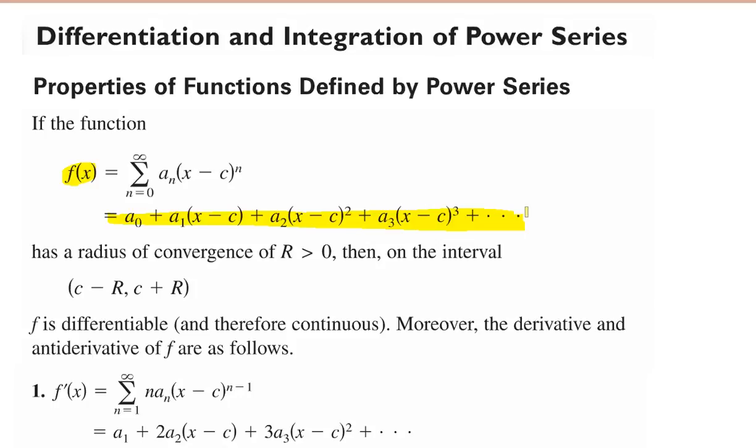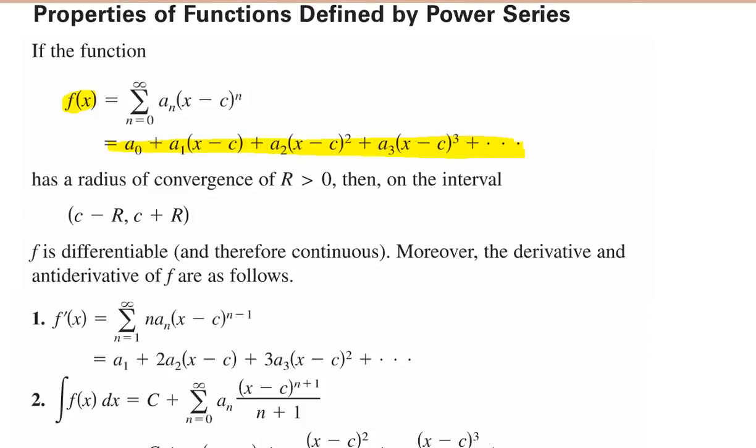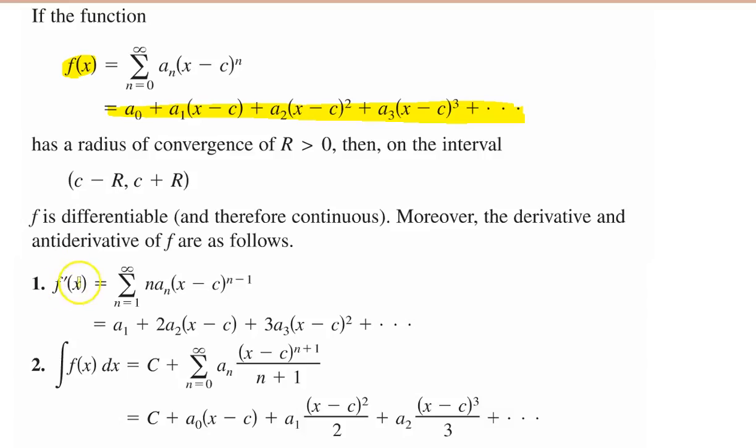So finding the derivative of a power series is the same as differentiating each of these terms from left to right with respect to x, right? So we have a shortcut for that. The derivative f prime is given as this. What do you do, guys? a_n here does not depend on x.